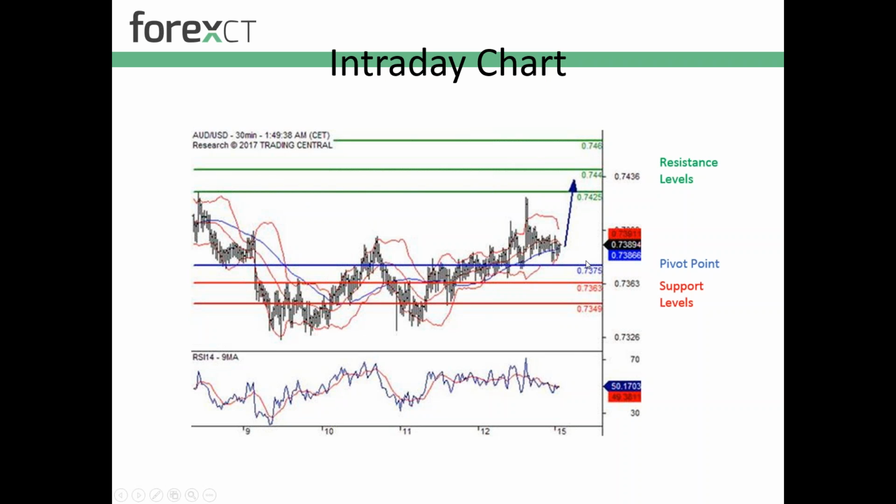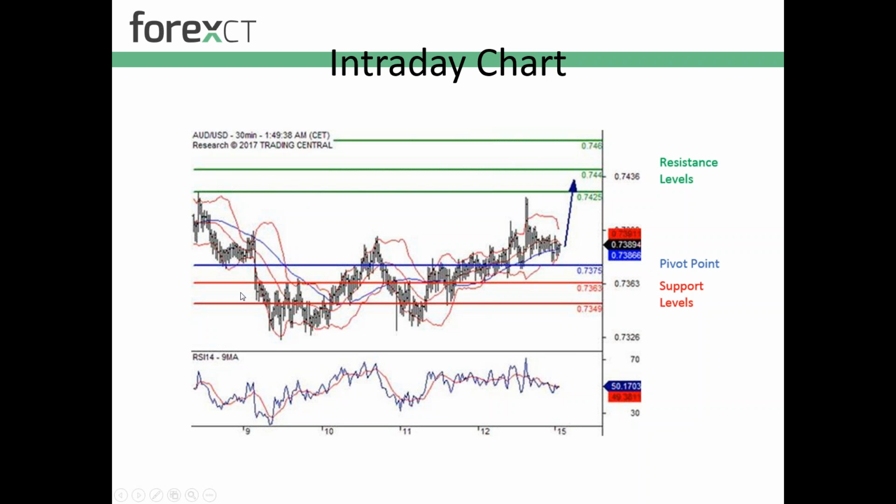You could also drop down the entry a bit, putting it closer to the pivot, maybe 73.80 or even all the way down to the pivot point, so that if it does execute and open, hopefully your exposure compared to the reward will be in that 3 to 1 risk reward ratio.